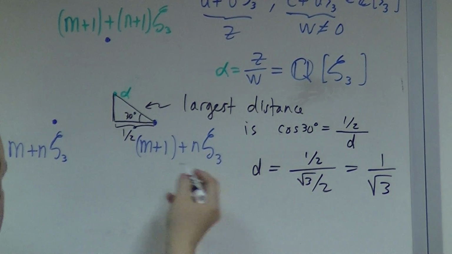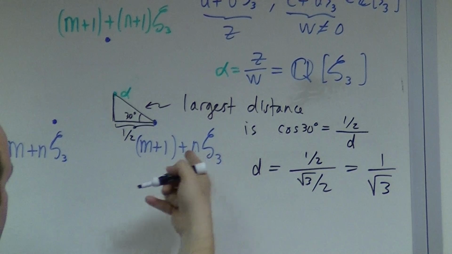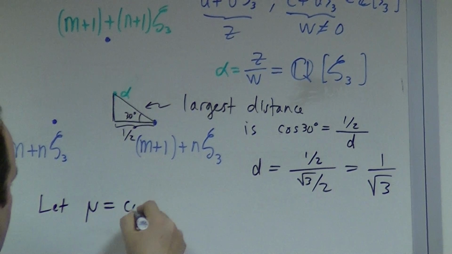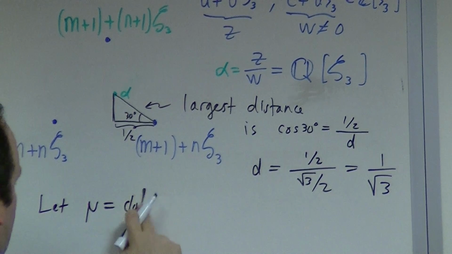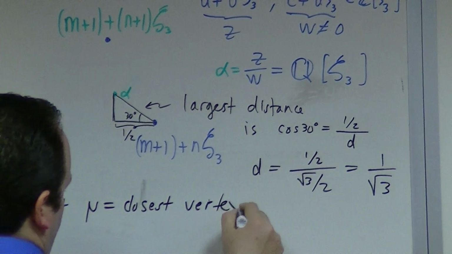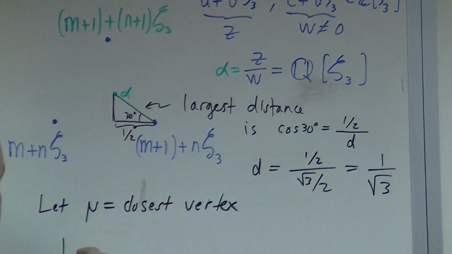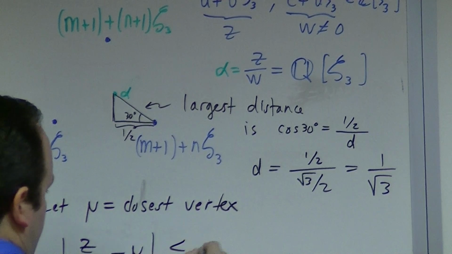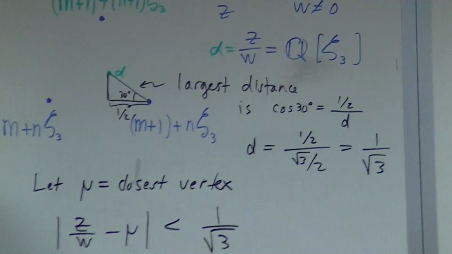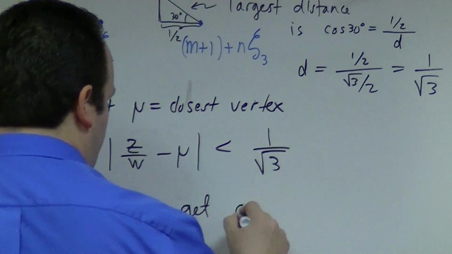So basically, if alpha is pictured, you let mu be the closest vertex, right? And then you can see that z over w minus mu is less than 1 over 3, and then, etc., you get the division property.